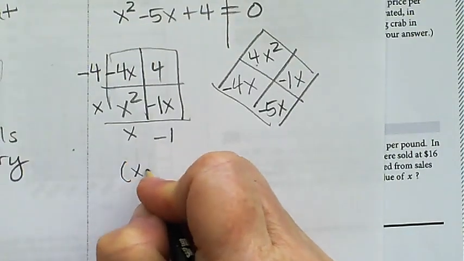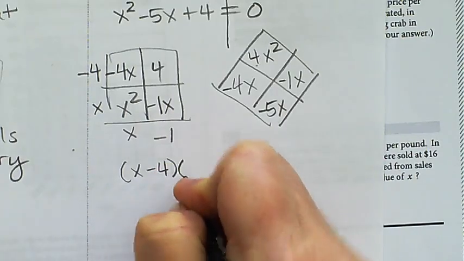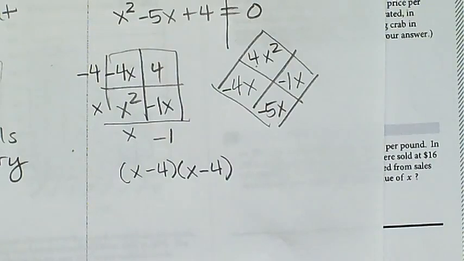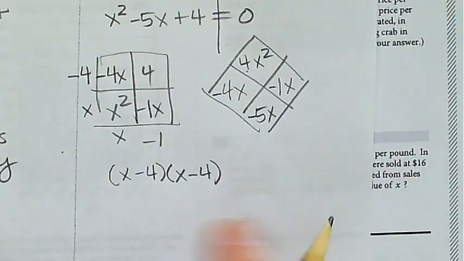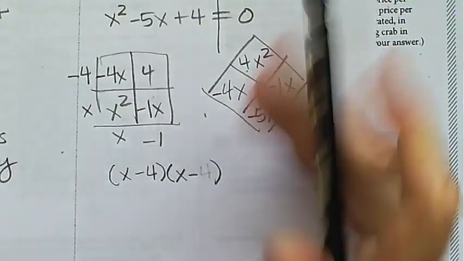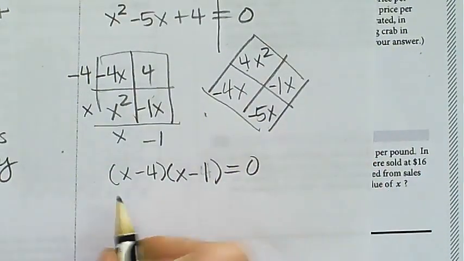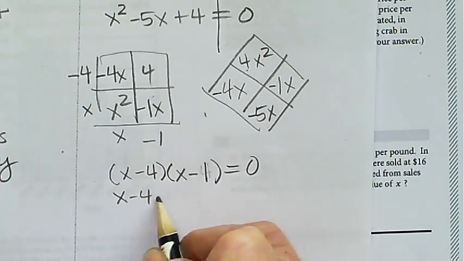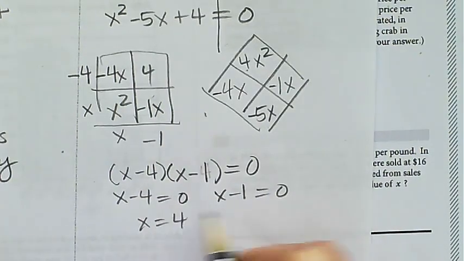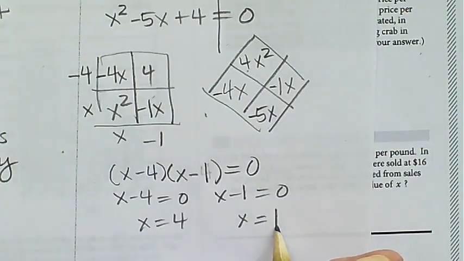If graphing is easier, you could graph these two equations and see where they cross. Those are the x-intercepts. Okay, x minus 1 and x minus 4. So that means my solutions would be x equals 4 and x equals 1.